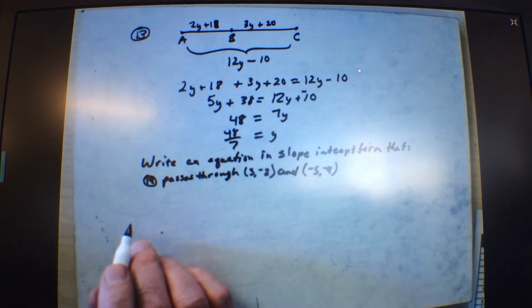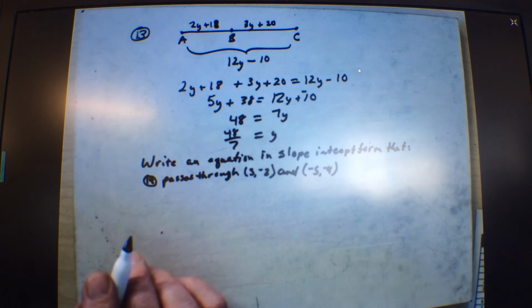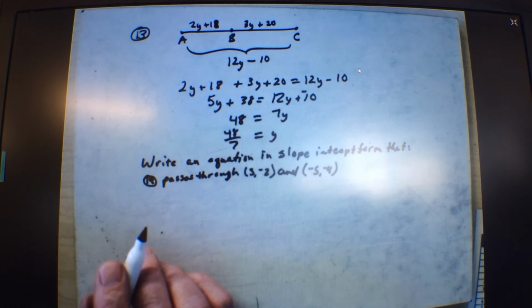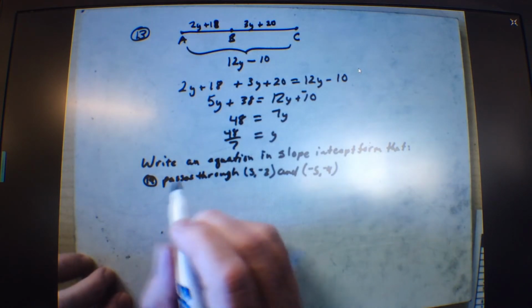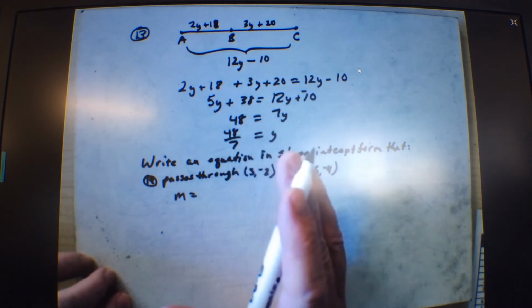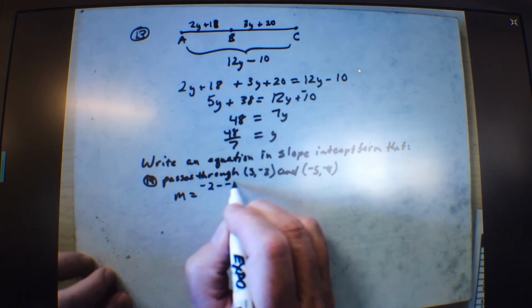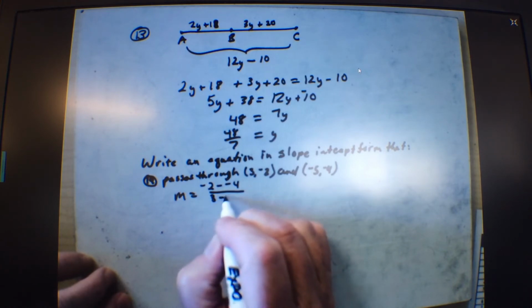And what would I do first, Tyra? Anybody? I'm going to have to move on. We're on a time constraint. I have to find the slope first, right? Which is rise over run, so negative 2 minus negative 4 over 3 minus negative 5, correct?